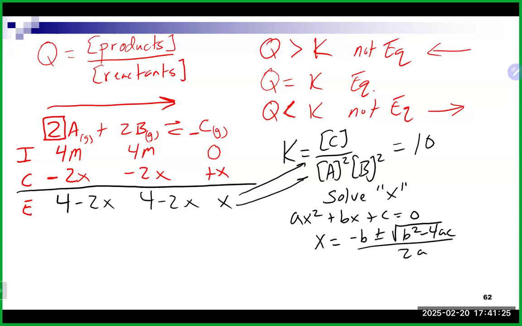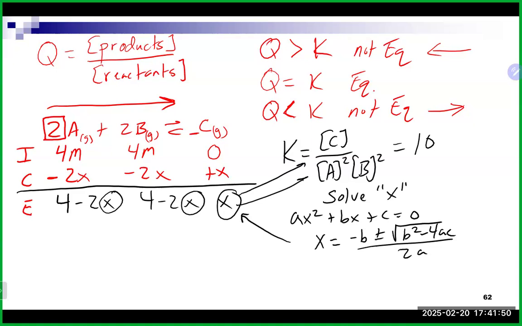As we saw in an example last time, you will yield two x values in this case, and one of those x values will not make sense. So when you do get your x values, they are every single x in this table. Basically, the one that will not make sense is whichever one you put back in that will usually yield a negative concentration.